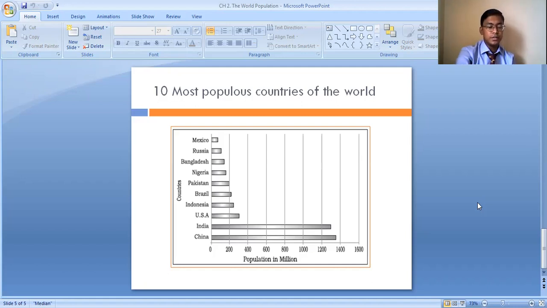So this is the introduction to this chapter: world population distribution, density and growth.